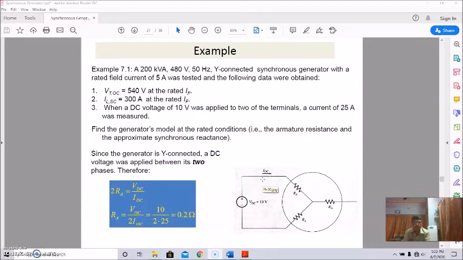So RA is 10 by 2 into 25, which is actually 0.2 ohm. This is the armature resistance.